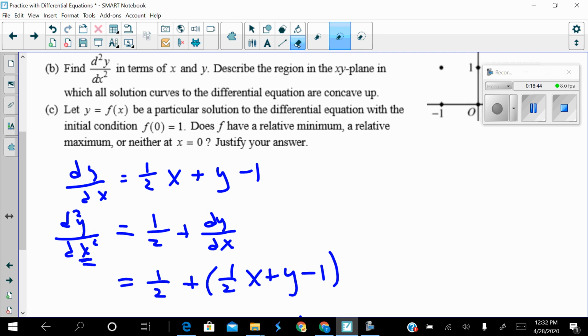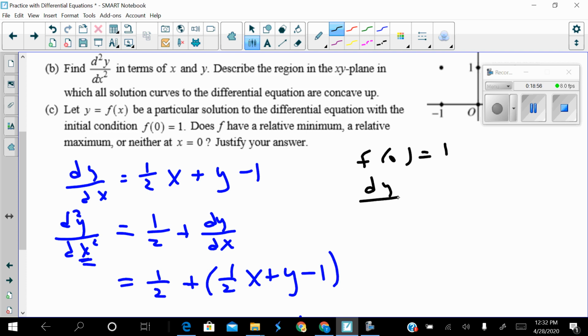Since they're telling us that f of 0 equals 1, let's see what the first derivative equals at that point. The first derivative evaluated at the point 0, 1 is 1/2 times 0, plus y, so plus 1, minus 1. Good, that equals 0.